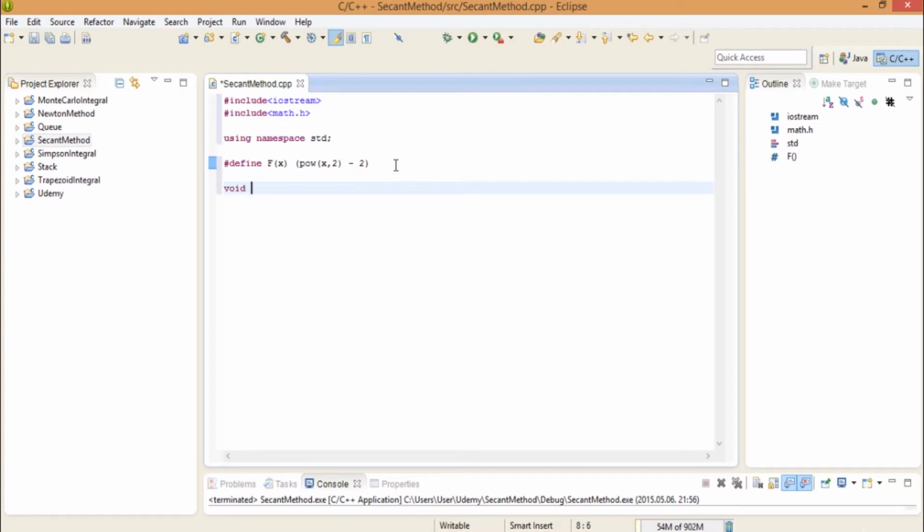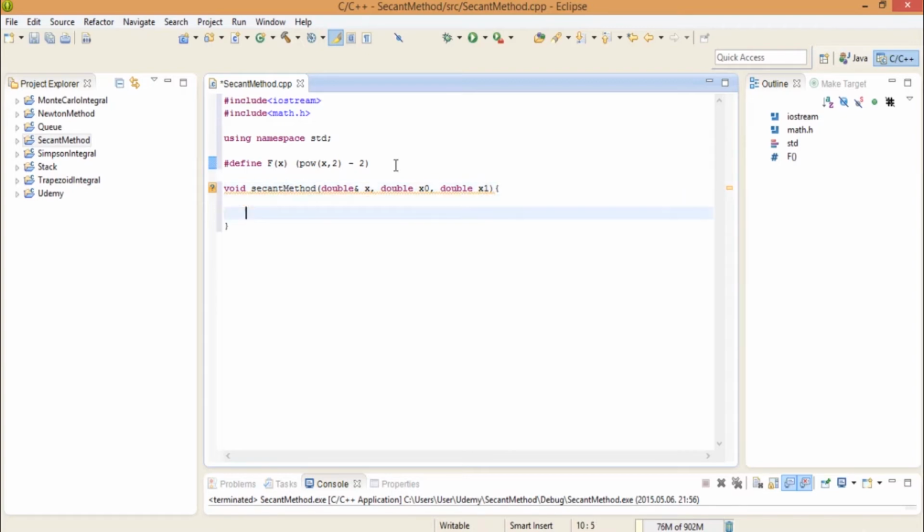So we have a void secant method. We have a double x, which is going to be a reference. We have a double x0 and we have a double x1.